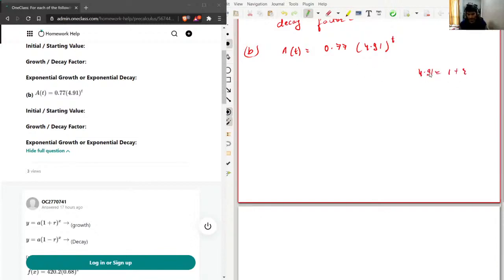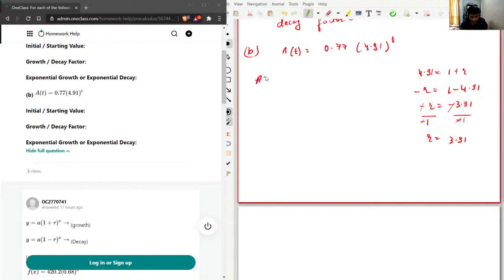Then r will come here and this will go there. So r equals 1 minus 4.91, so minus r will be minus 3.91, and I can divide both sides by -1. So this becomes positive, and therefore my r will be positive here.